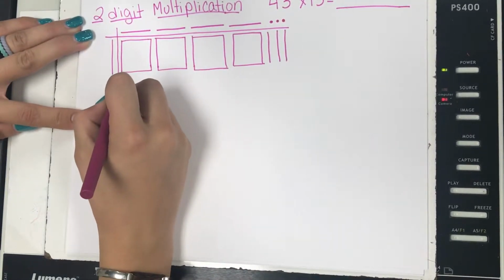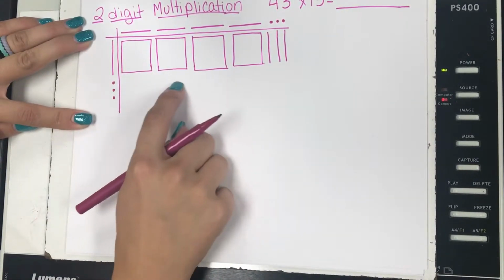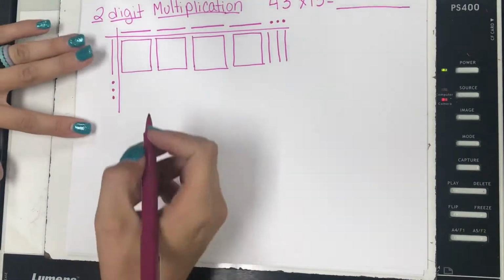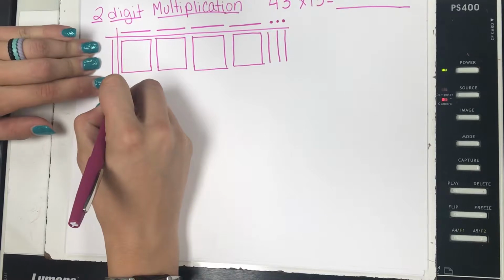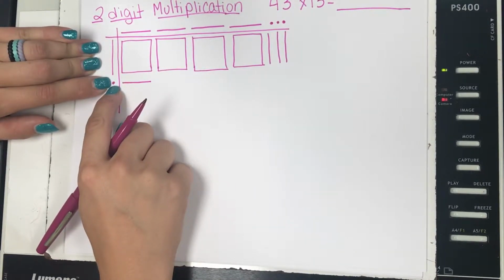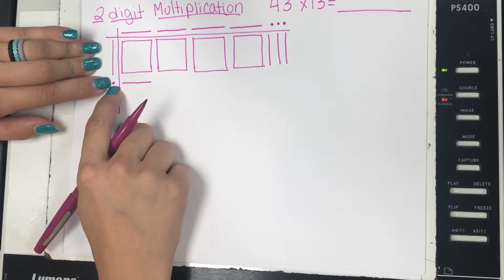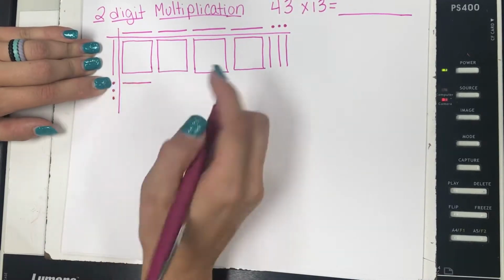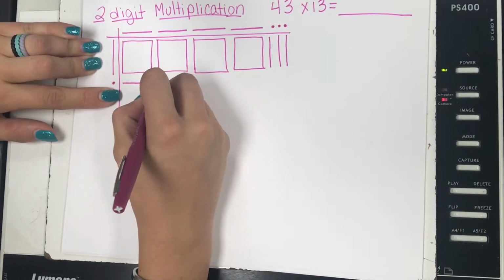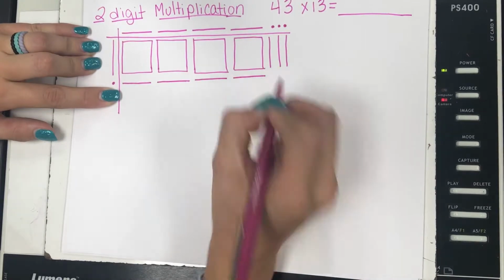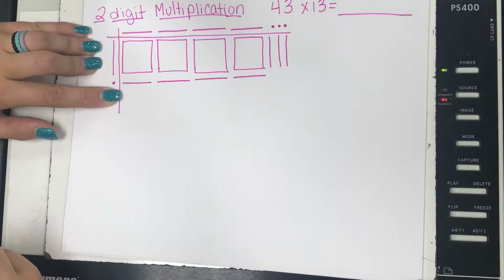Okay. What about underneath here? This is where I want you to really pay attention. Do you see how next to this 1, I have to put how many 10s across? 4.